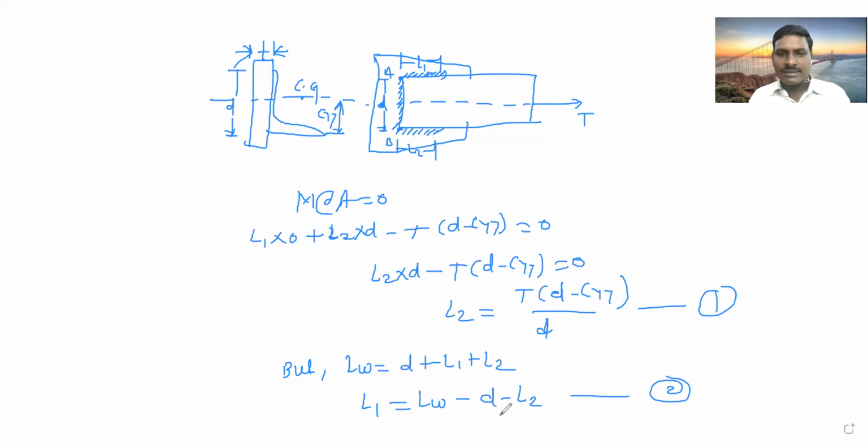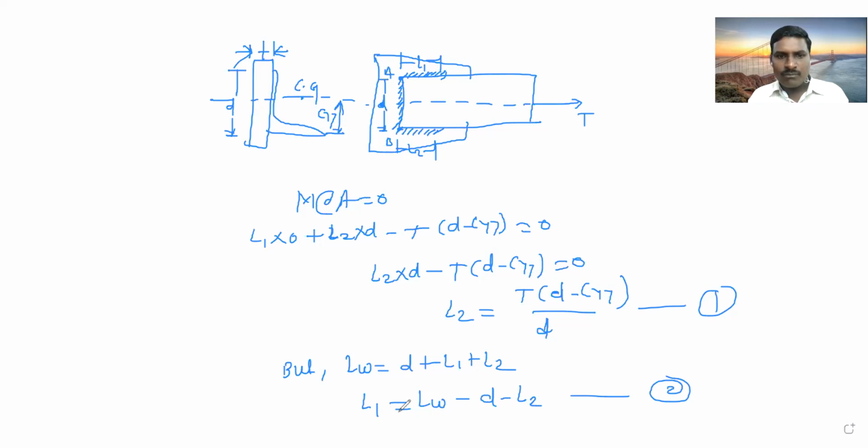Correct? If we subtract D and L2 from the total length of weld, what do we get? We get L1. Or something I have written wrong here? No, sir, correct. LW is D plus L1 plus L2.